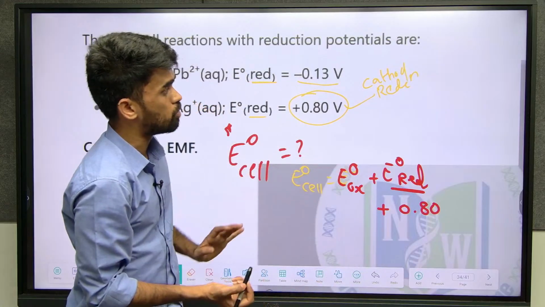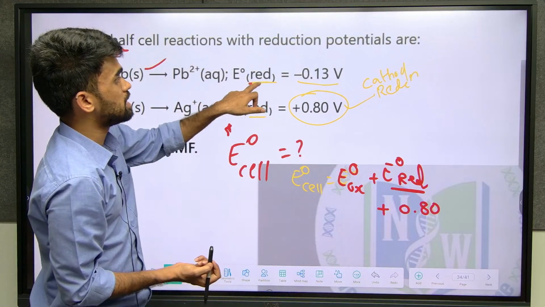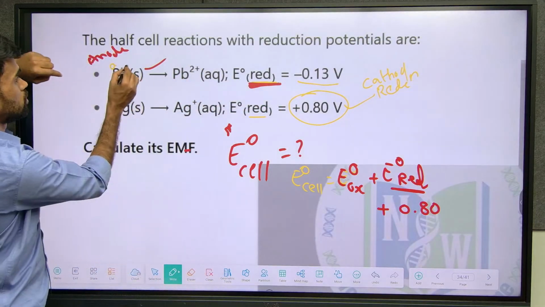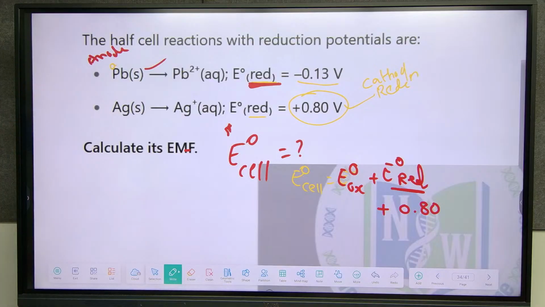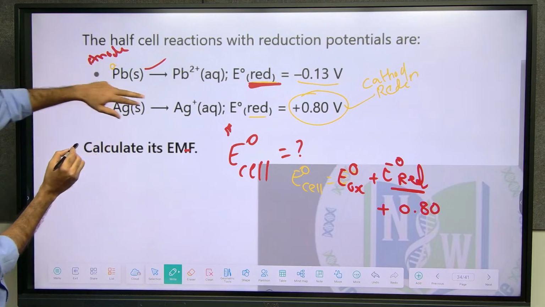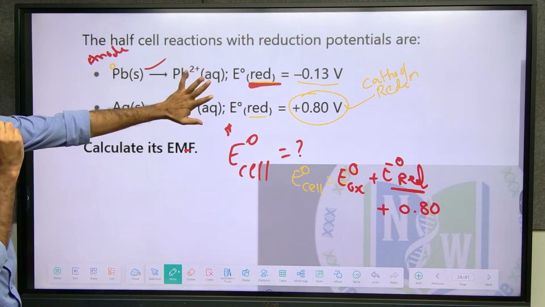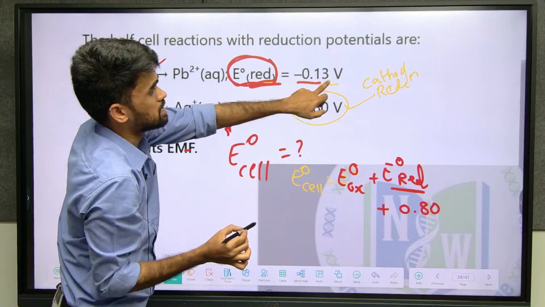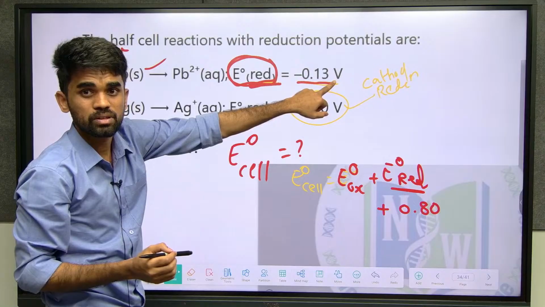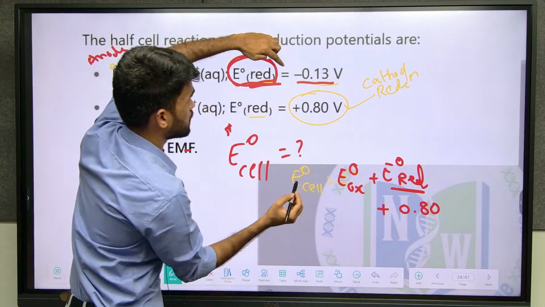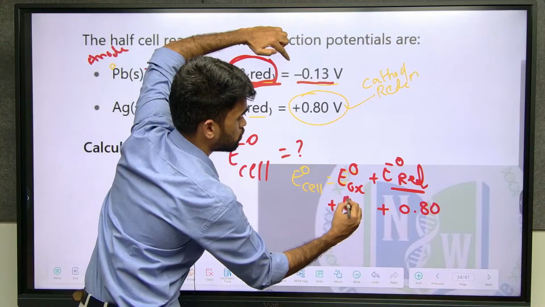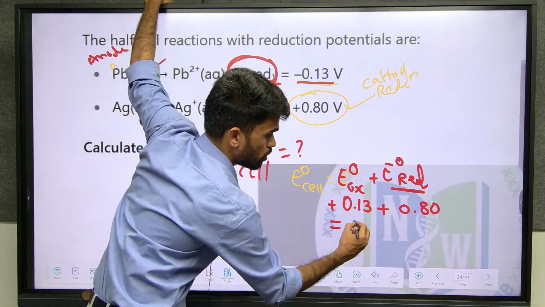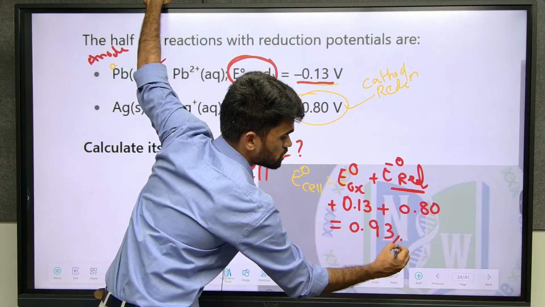And how much oxidation potential should I take? Both are given as reduction potentials. Less reduction potential means where should I consider it? The anode cell. So for the anode you take it as positive 0.13. Just add them: 0.93. This will be your answer.